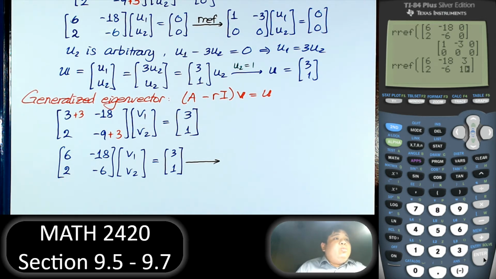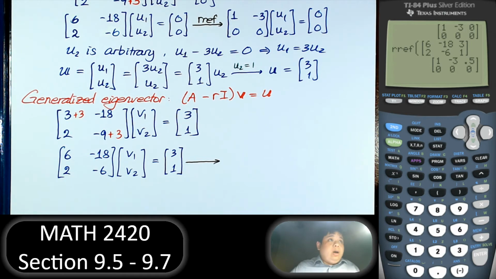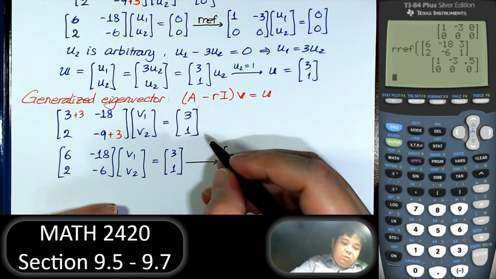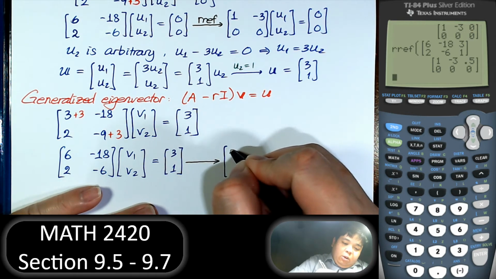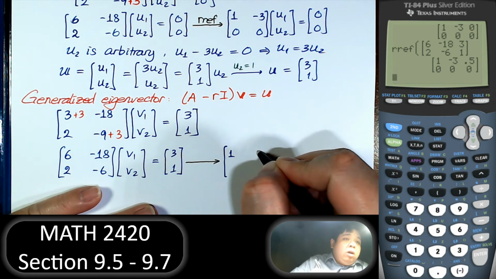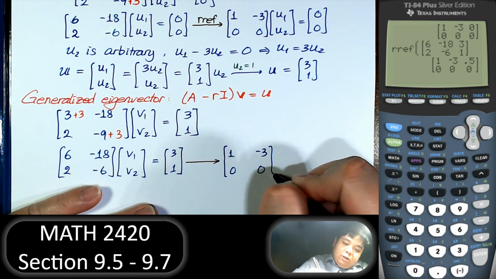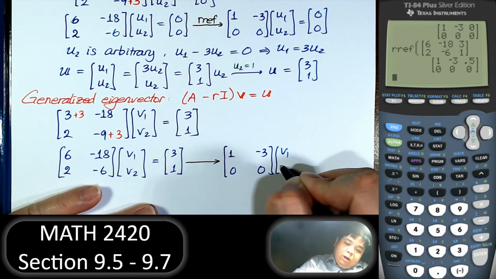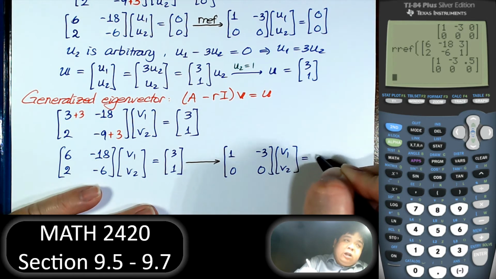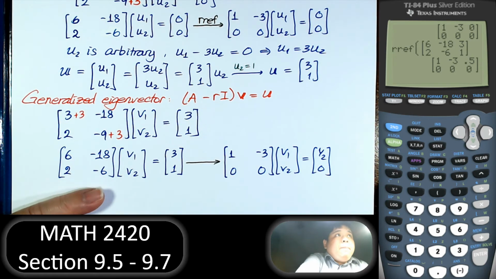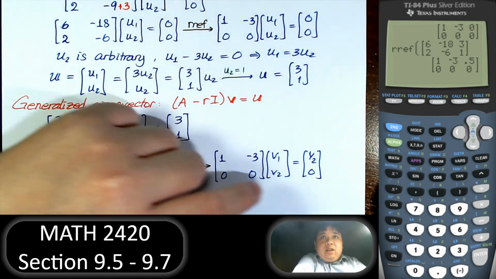Right, if we do that, we're going to have 1, negative 3, 0, 0, with v1, v2 equal to 1/2 and 0. It's not going to be 0 at the last column.